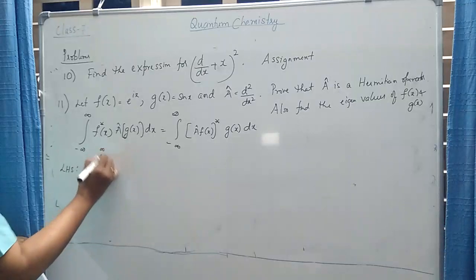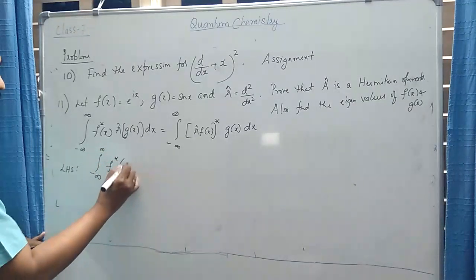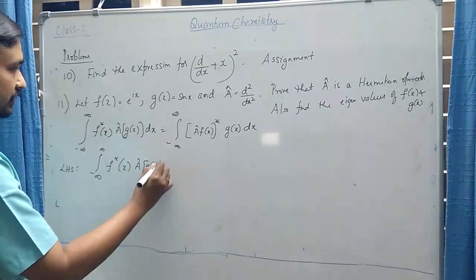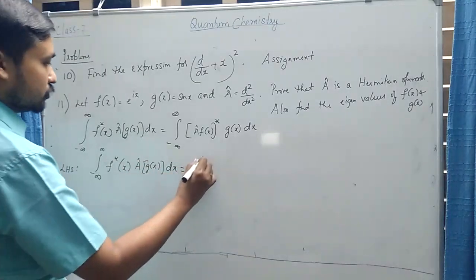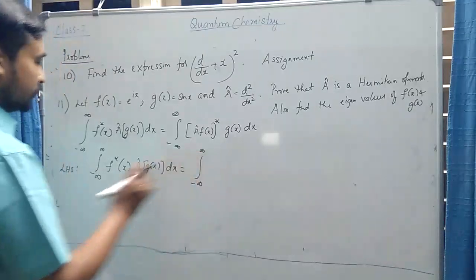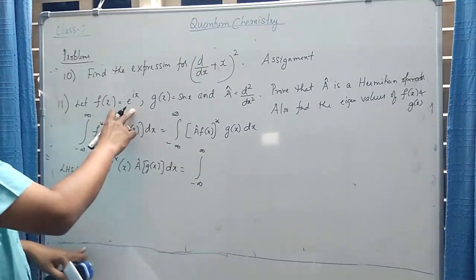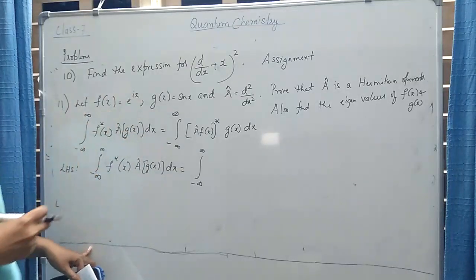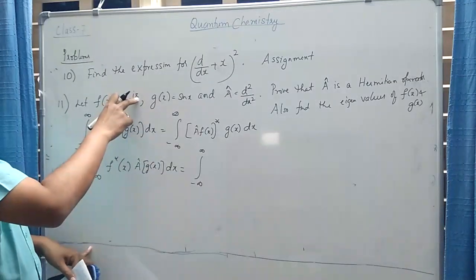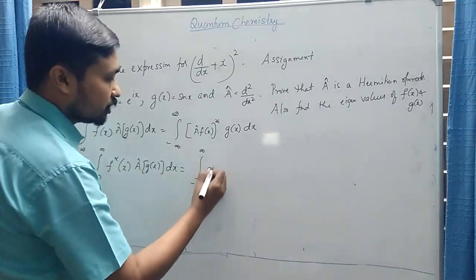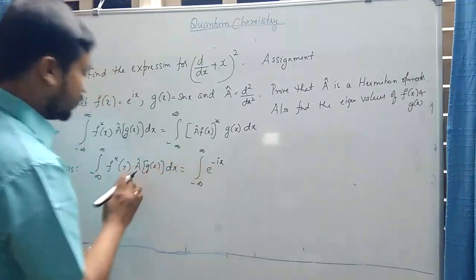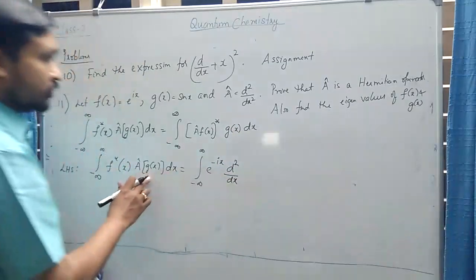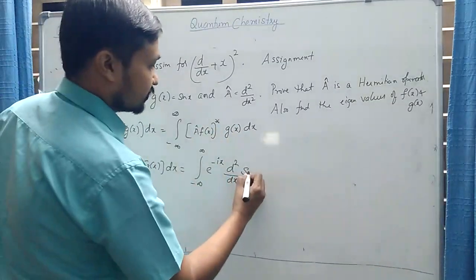Integration from minus infinity to infinity of f star of x into A cap of g of x into dx, which is equal to integration from minus infinity to plus infinity of f star, the complex conjugate of e to the power ix. What is the complex conjugate? You have to change the sign of the imaginary number. So here you have e to the power ix, so the complex conjugate will be e to the power minus ix, into the operator A, d square by dx square, of g of x, that is sin x.